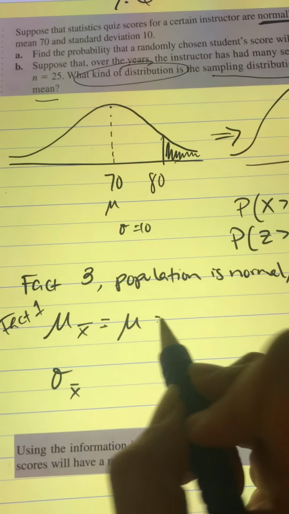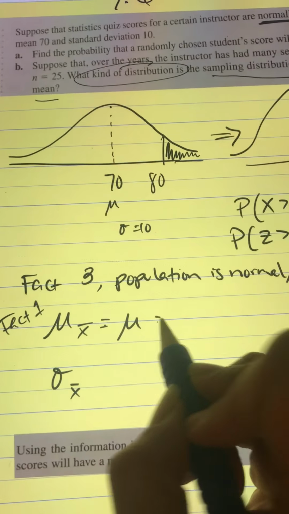If I wanted to find the standard deviation of the sampling distribution, I would need the standard deviation of the population, which they told us to be 10, and I need the square root of the sample size, which in this case is 25. So square root of 25 is 5. So for our sampling distribution, the mean is 70 and the standard deviation is 2.